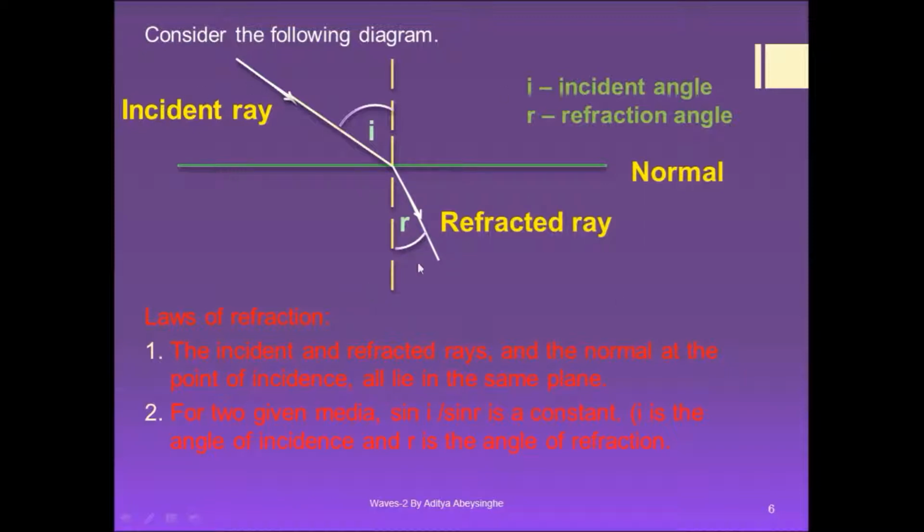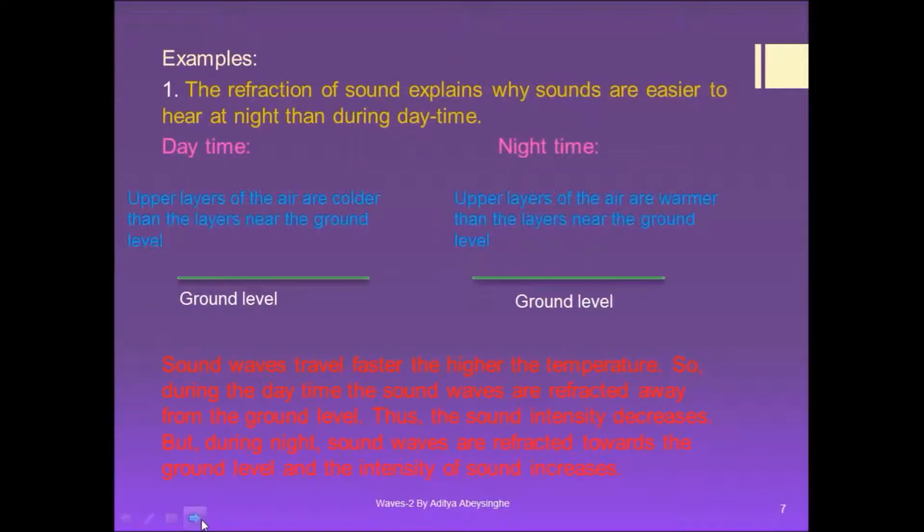According to the laws of refraction, the incident ray, the refracted ray, and the normal at the point of incidence all lie in the same plane, and sin i by sin r is a constant. Here i is the angle of incidence and r is the angle of refraction, and we call this constant the refractive index. So that is about refraction.